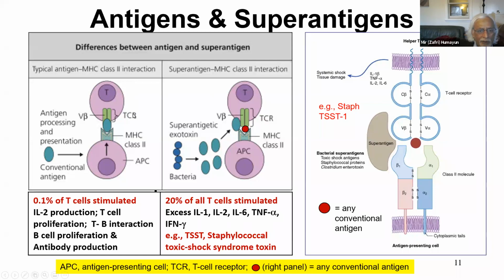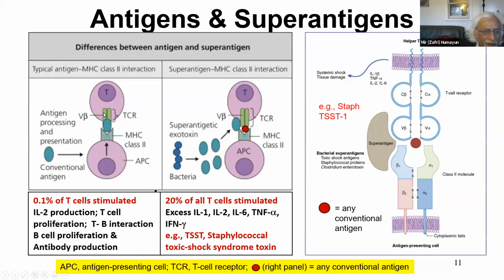The T cell is shown at the top. Depending on the antigen, a very small subset of the T cell population, 0.1%, recognizes each type of antigen. The recognition occurs through the T cell receptor, shown as TCR here, which recognizes in a specific way the antigen presented by the antigen presenting cells.